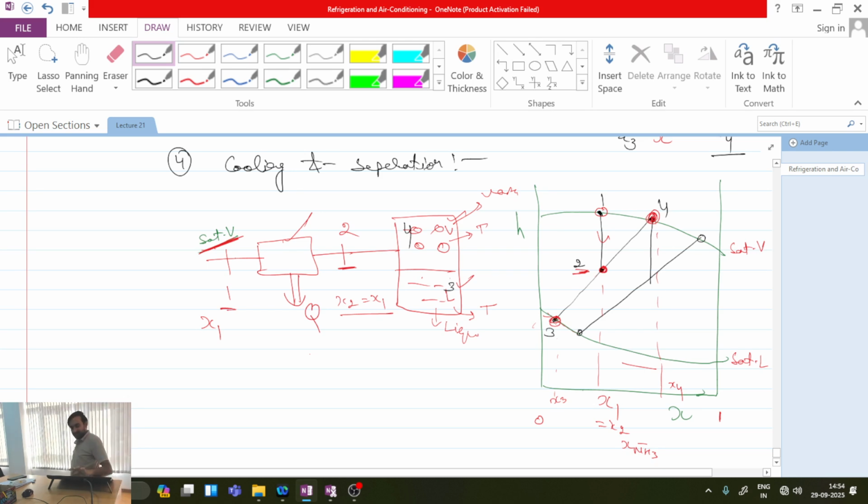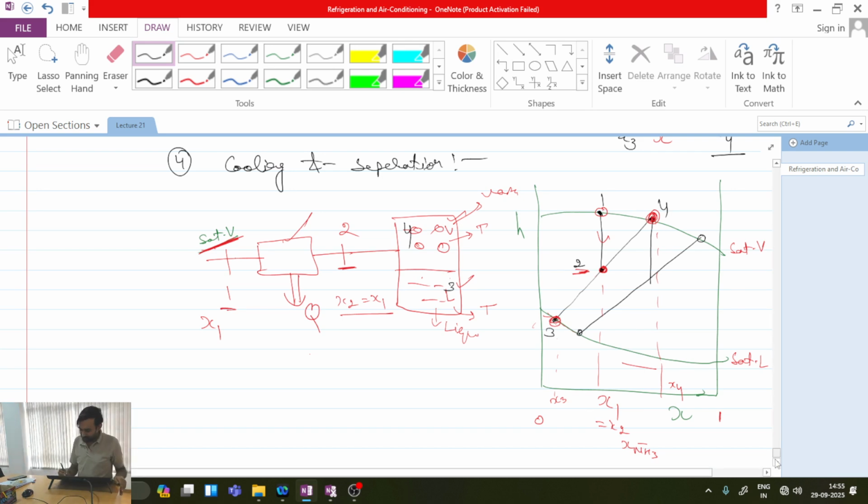So this cooling and separation process can be employed for extracting the pure substance out of the mixture. Is this point clear? So cooling and separation can be employed for separation of a pure substance from a mixture of two substances.